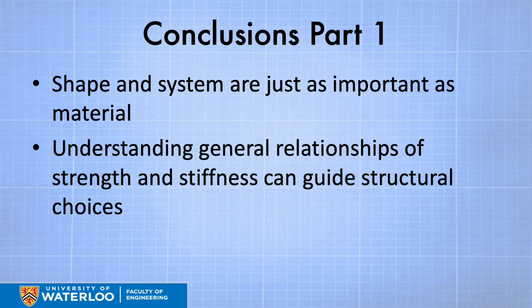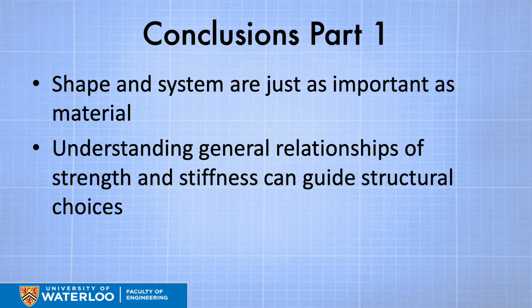So the summary here is that the shape of the structural element, and the system that is chosen to put the elements together, are just as important as the material. In fact, often they're more important.